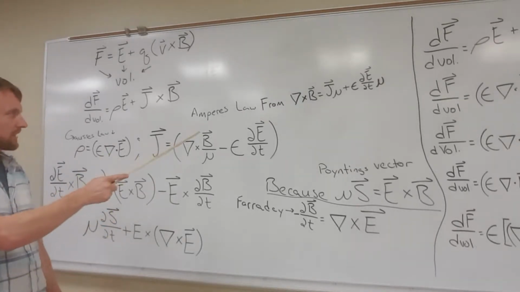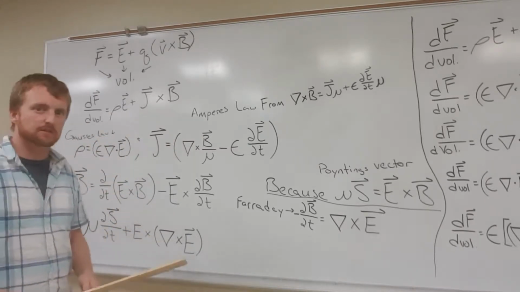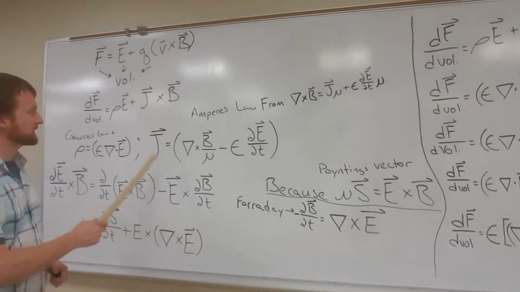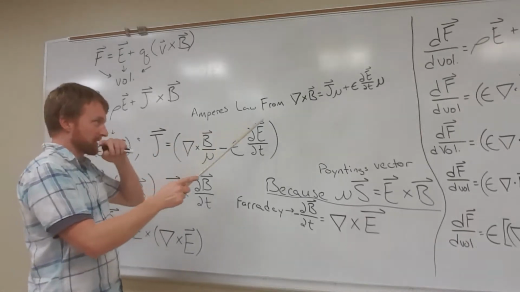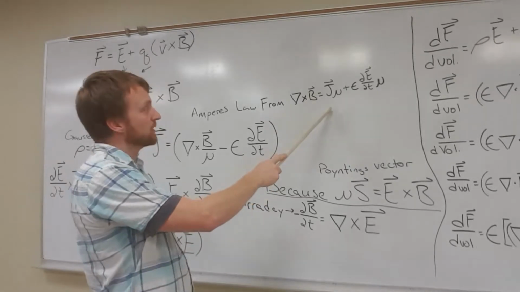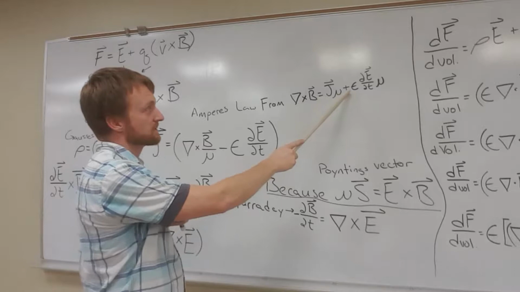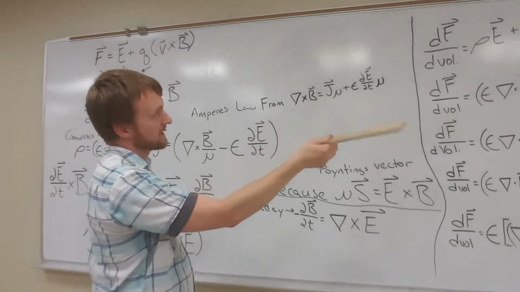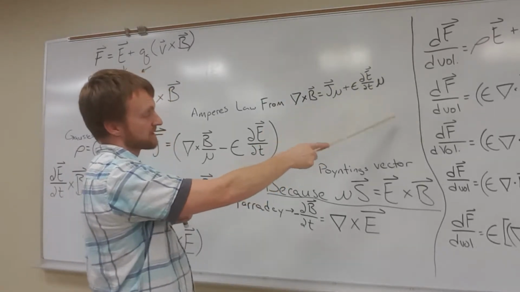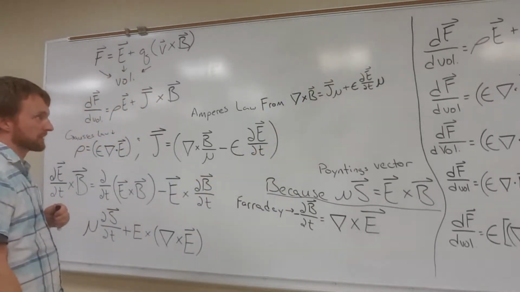By Ampere's law, we're going to use these pieces and parts. We'll be replacing that. I'll make it a little bit easier to follow in just a moment. By Ampere's law, the curl of the B field is equal to the current density times the permeability of free space plus the permittivity of free space times the change of the E field with respect to time times the permeability of free space.